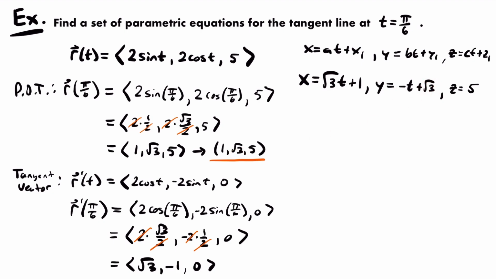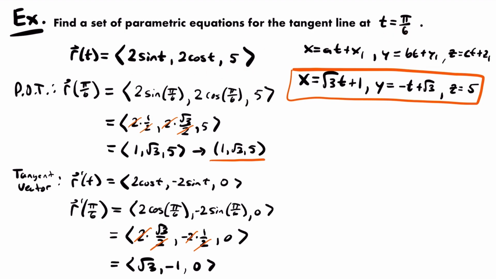And then as we just went through, 0 is the z component of the tangent vector, so 0 times t is 0, and then z1 is 5. Okay, so that right there is a set of parametric equations that represents the tangent line at t equals pi divided by 6 for this vector function.